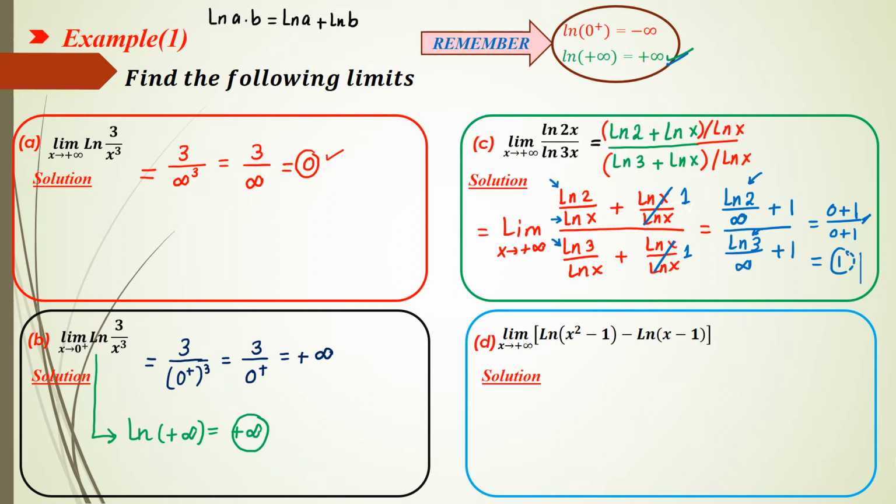In part D you have to use the quotient rule of logarithmic functions, and the quotient rule means if we have ln of a divided by b, this gives us ln of a minus ln of b.